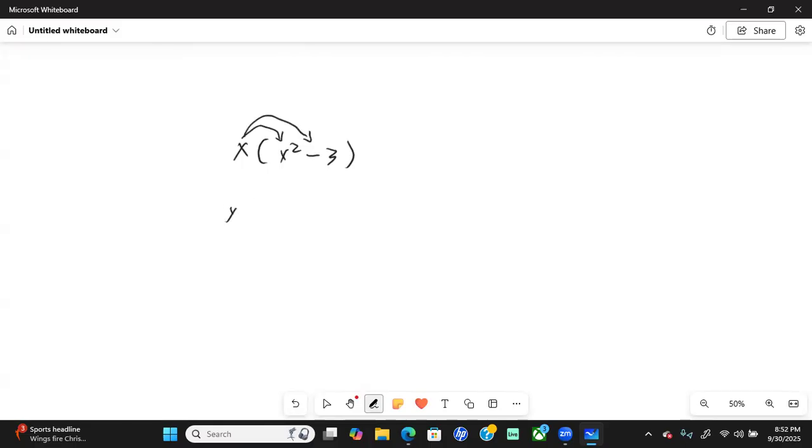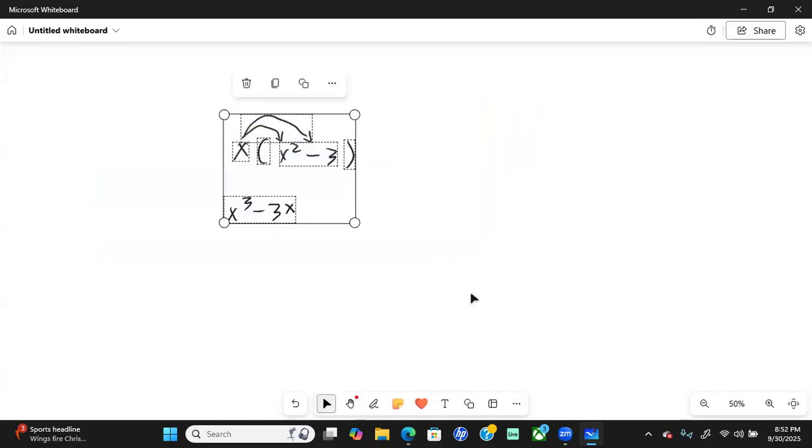And that gives me x cubed minus 3x. Right? So this is all just review of stuff that we've already been doing. Now, all three of these things play a huge factor into what we're about to get into. So, what about division?